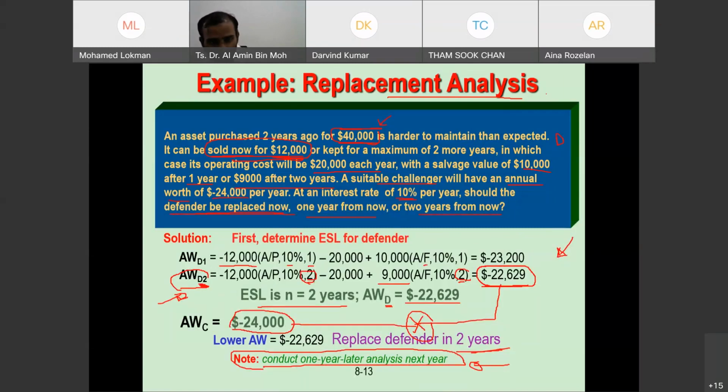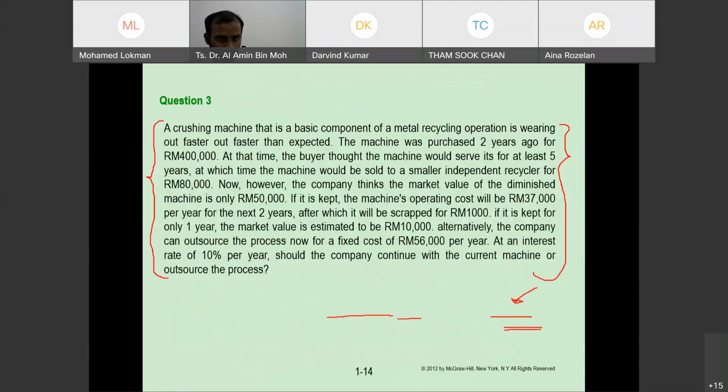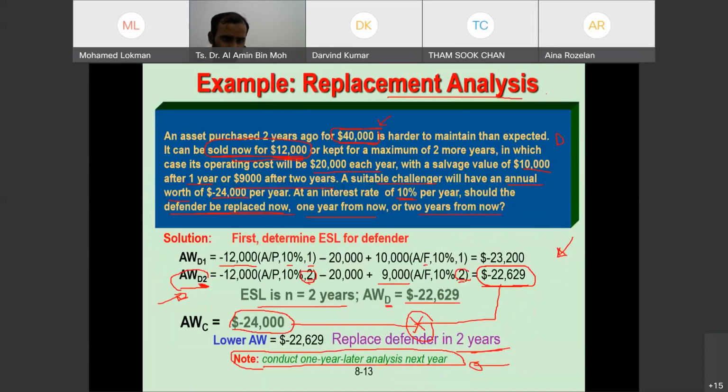But I guess if we are able to identify the P, A, and the salvage value, you can proceed with the calculation.